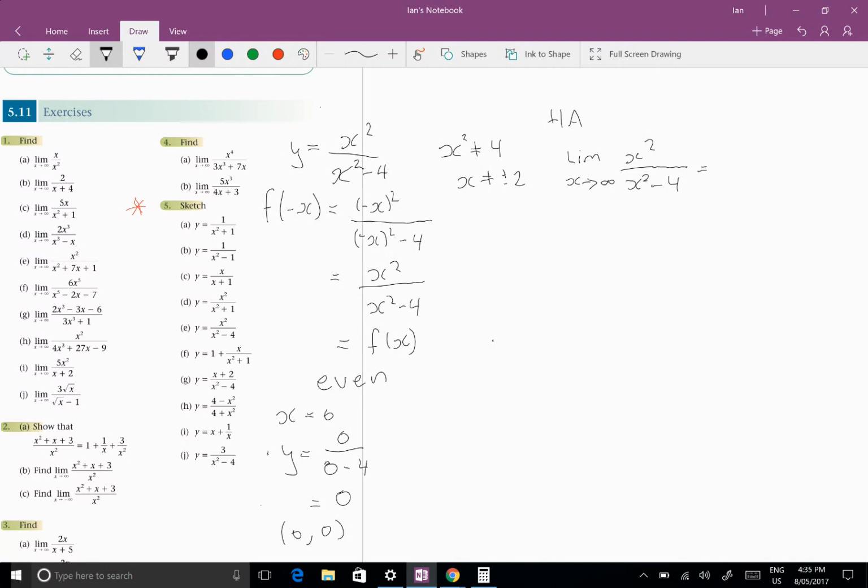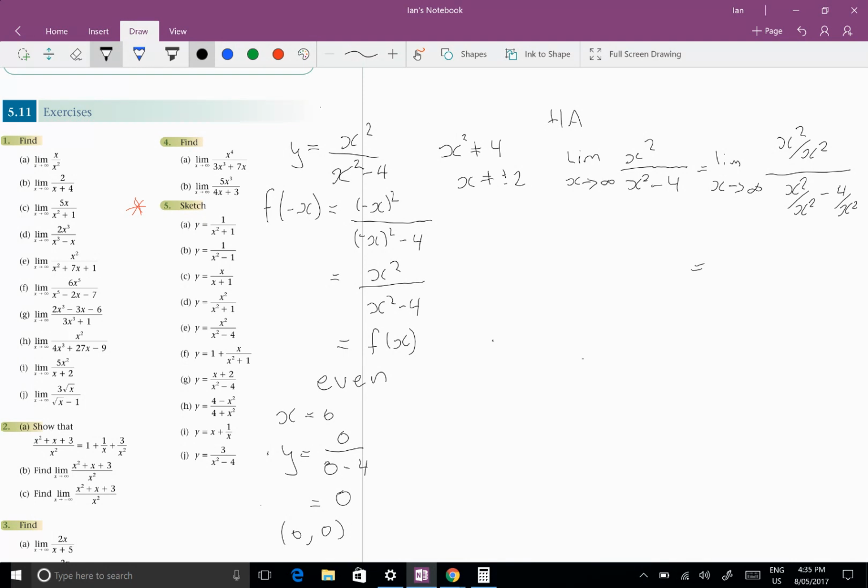And we'll divide by the highest power of x. So we've got the limit as x approaches infinity of x squared on x squared over x squared minus 4 on x squared.